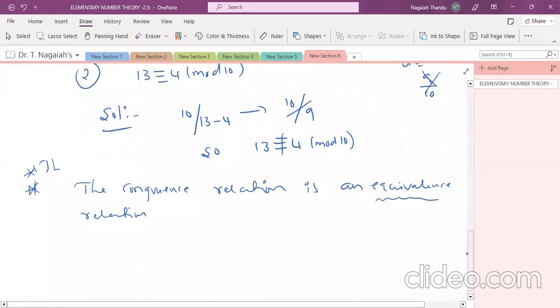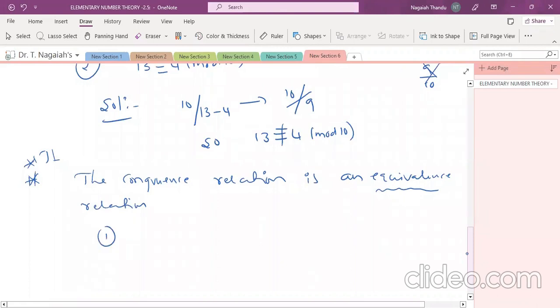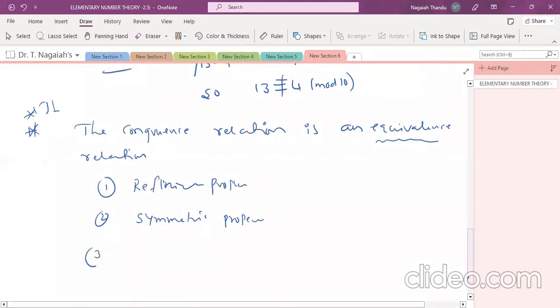Equivalence relation means it satisfies 3 properties: reflexive property, number 2 symmetric property, and another one is the transitive property. Later I can prove this one.